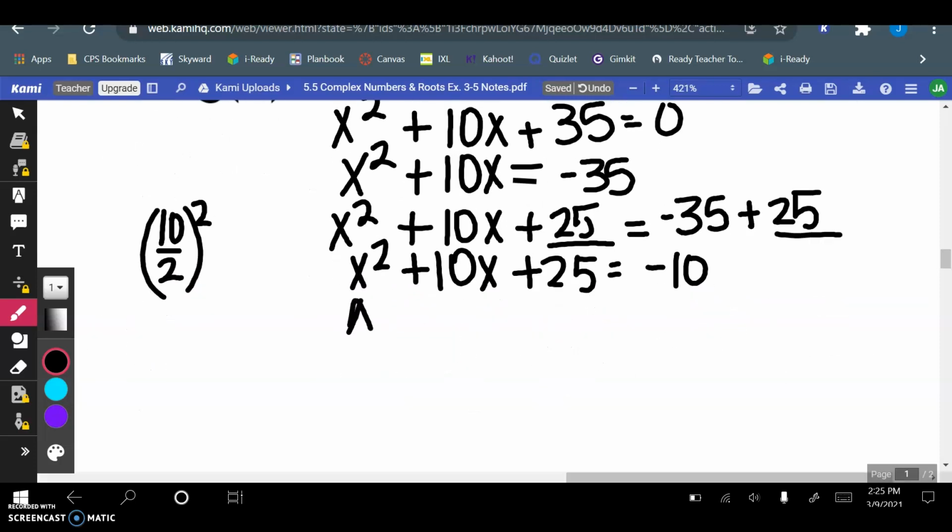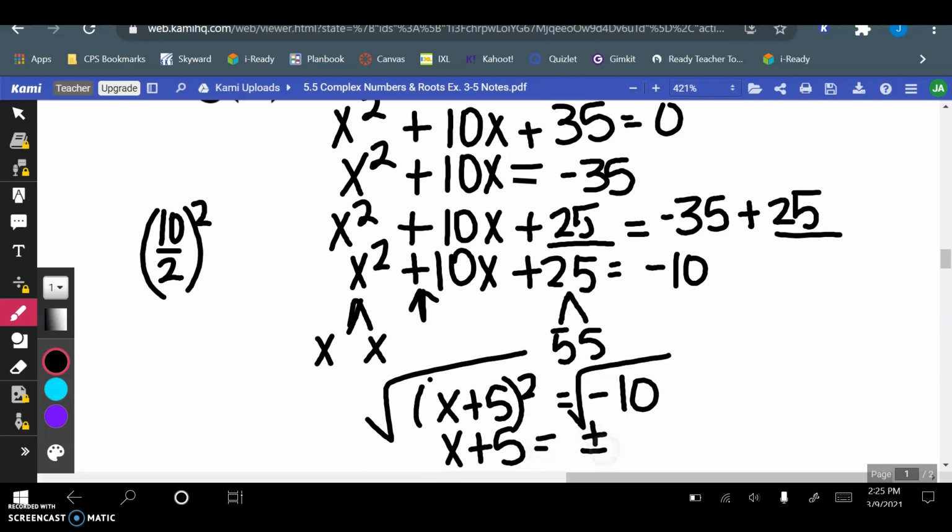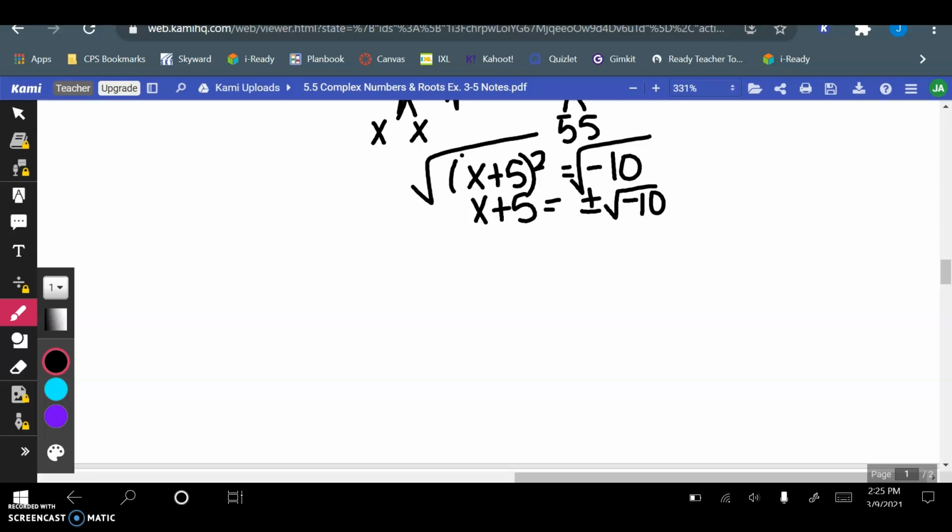Then we have to factor, and that is a plus 10. So we have x plus 5 squared equals negative 10, and then square root. So x plus 5 equals a positive or negative square root of negative 10. And we're going to subtract 5.